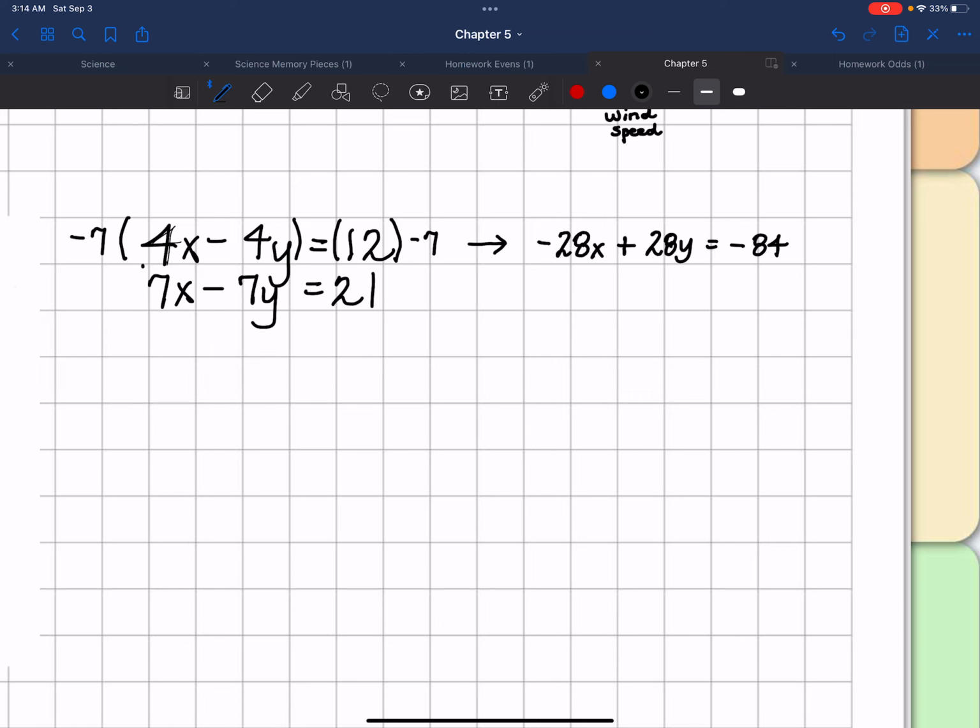Okay. On the bottom, I'm going to multiply everything by 4. So this will lead to 28x minus 28y equals 84.